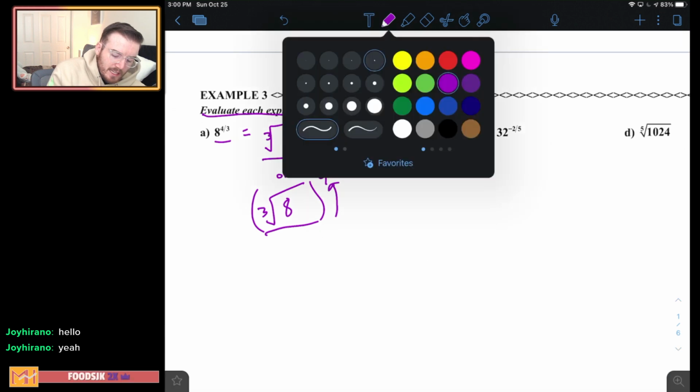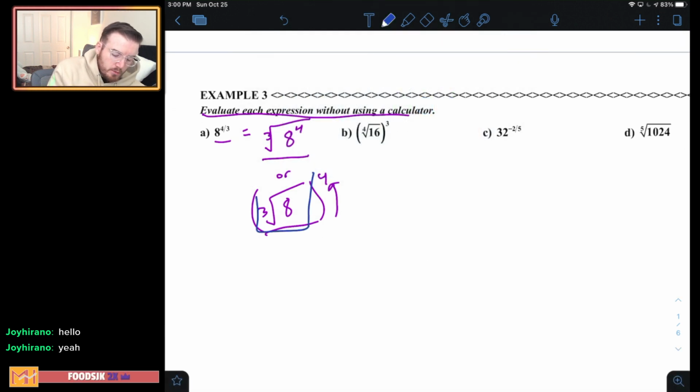So we're going to do the inside part first. What is the cube root of 8? I've already told you that answer. It's 2. Why? Because 2 times 2 times 2 gives me 8. It takes 3 2's to give me 8. Square root is groups of 2.